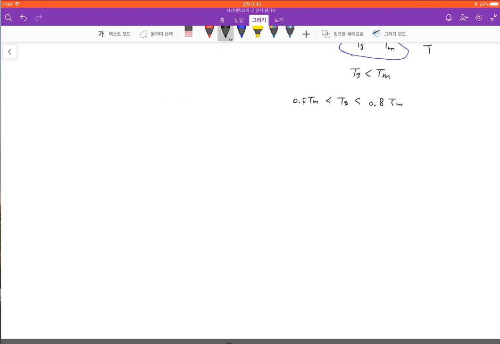Another way to measure or determine glass transition temperature is based on viscoelastic properties. Tg can be determined by a stress-strain experiment. What you do is very simple.